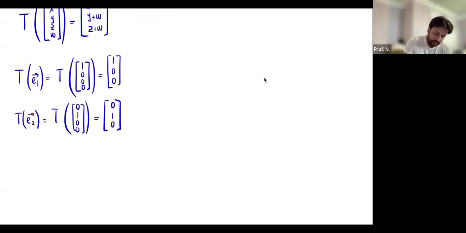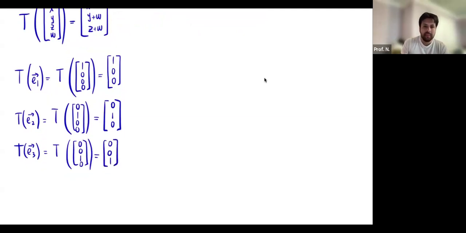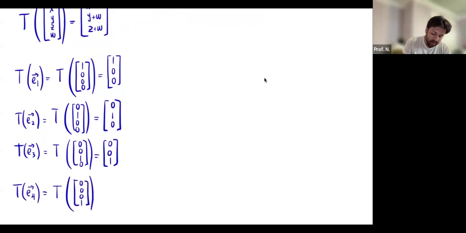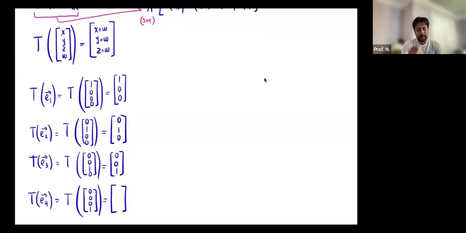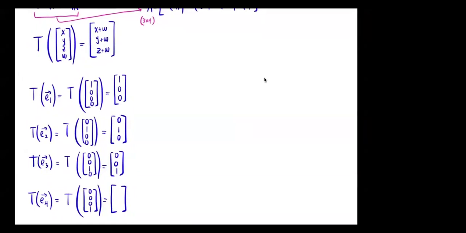So far, so good. T of E3 is T of 0, 0, 1, 0, which is 0, 0, 1. And then last but not least, T of E4. This is T of 0, 0, 0, 1, which according to this will give me what? You tell me. 1, 1, 1. Good.